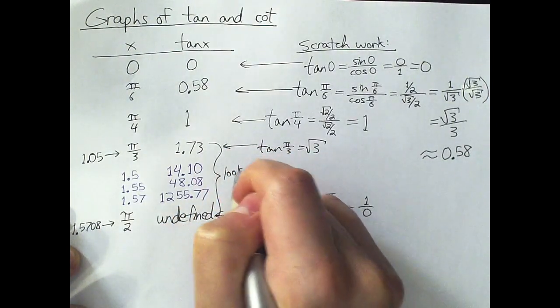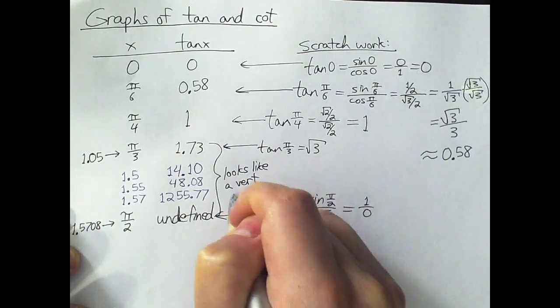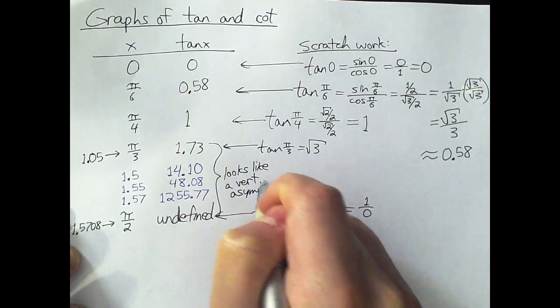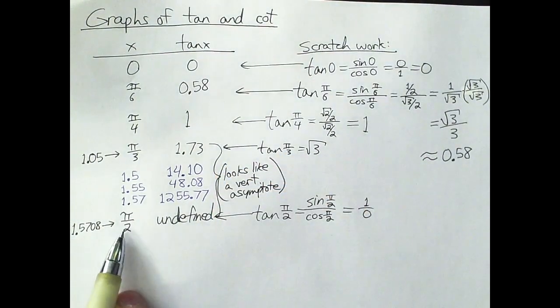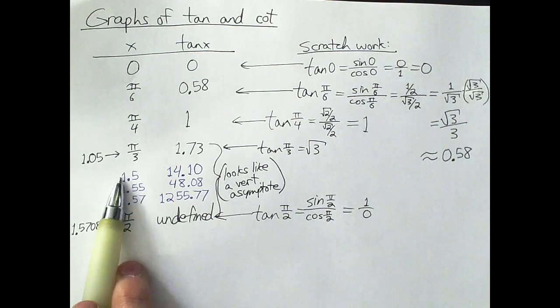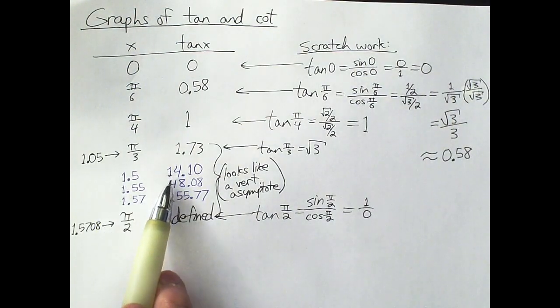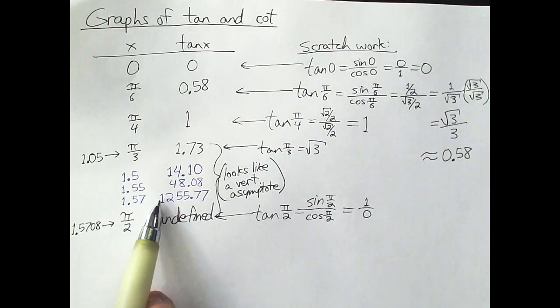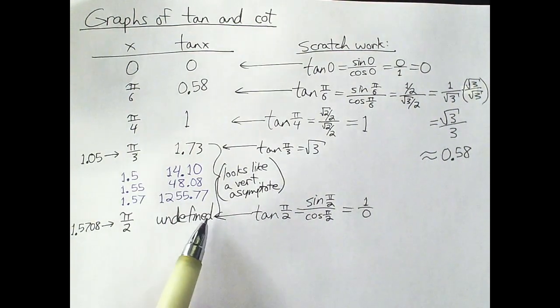Looks like a vertical asymptote. The closer we get to pi over 2, like 1.5, 1.55, 1.57, the larger the function gets until it's over 1,000, and then it's undefined.